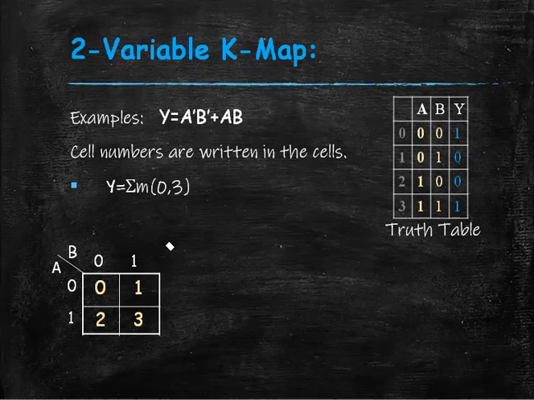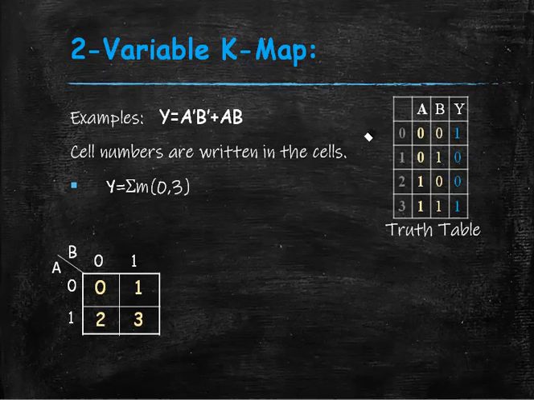You must be efficient to obtain a truth table from a Boolean expression and a Boolean expression from a truth table.